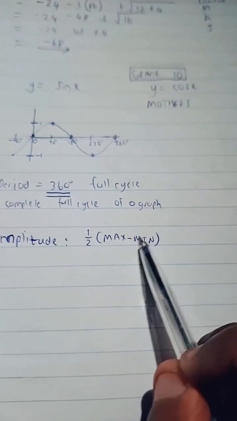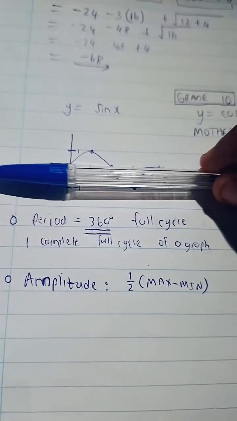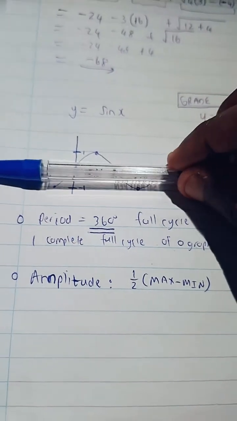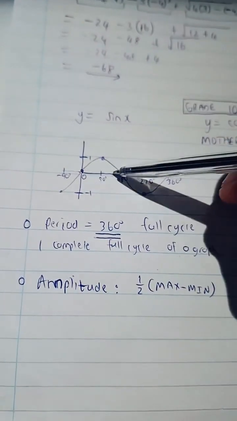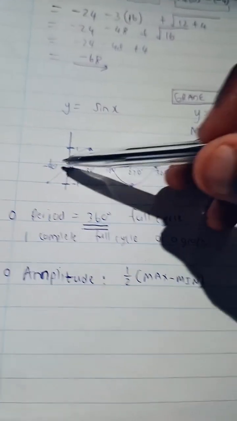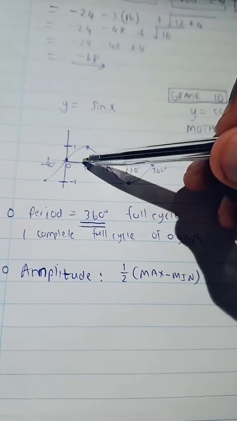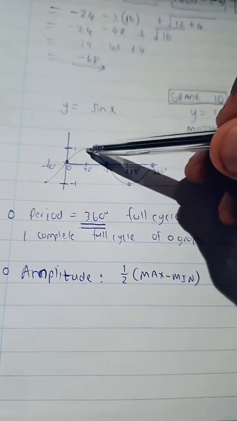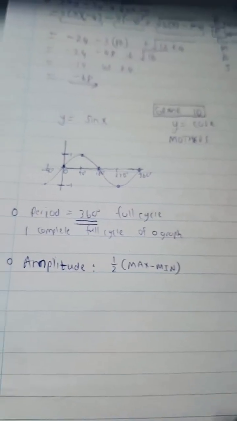So it's half the distance between the maximum and the minimum. If you measure from the position of rest to the maximum in this sine graph, it is 1 unit up. That is what we refer to as the amplitude.